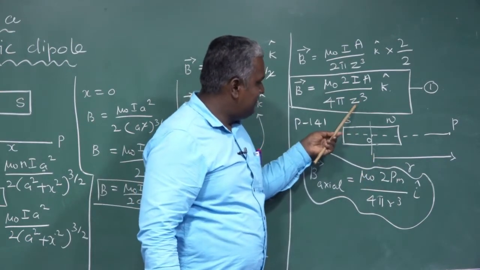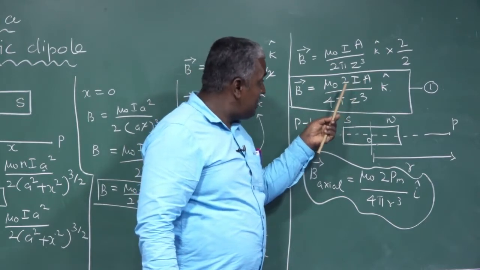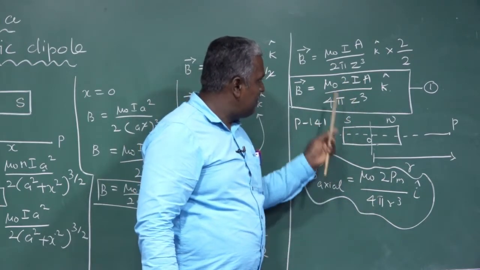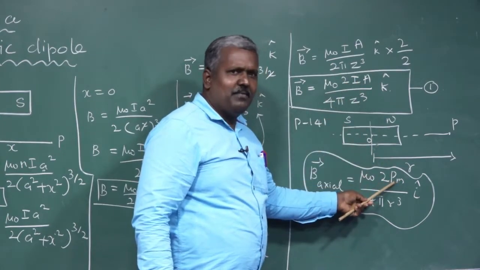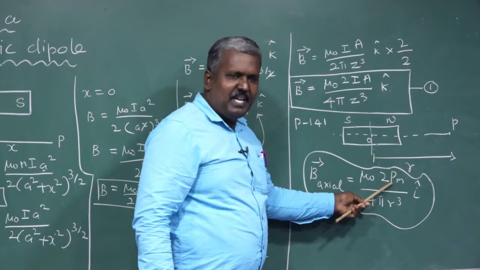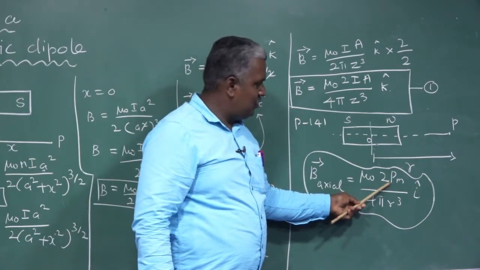You can simply write this formula as mu naught by 4 pi into 2 Pm. What is the meaning of Pm? Wait, I will tell you, no problem.